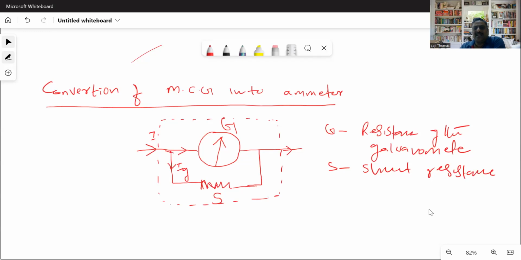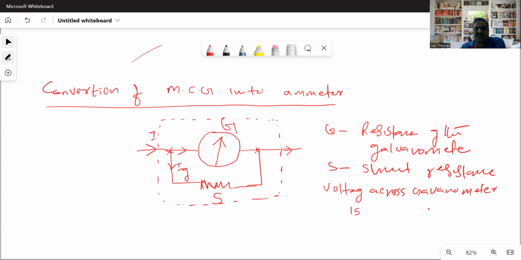So the shunt is connected parallel to the galvanometer. The voltage across the galvanometer will be the same as the voltage across the shunt. In parallel combination, voltage remains the same. So what is the voltage across the galvanometer?